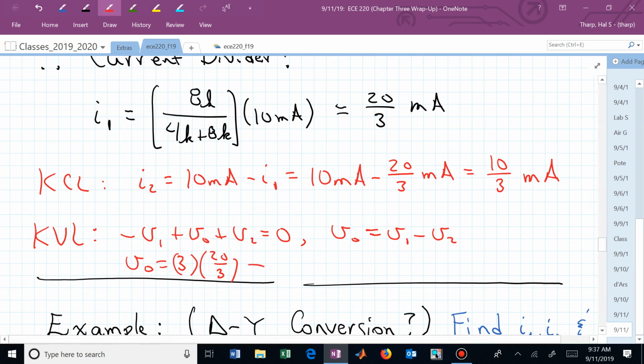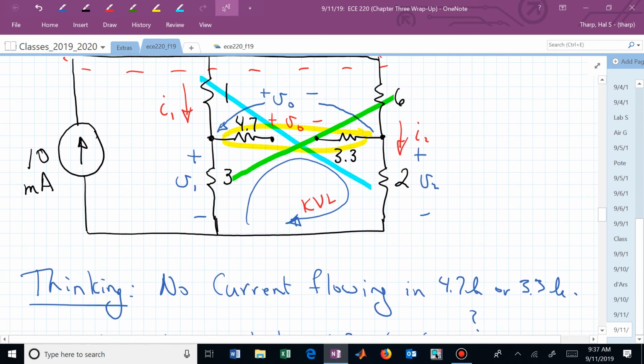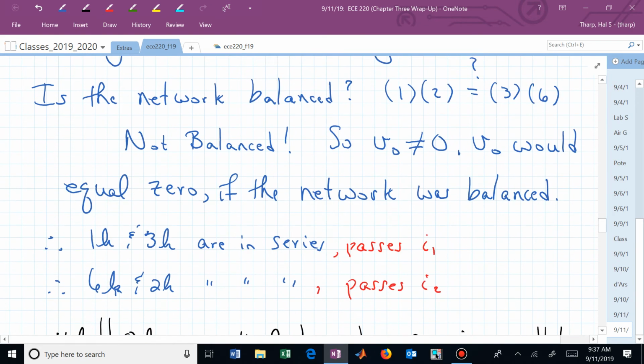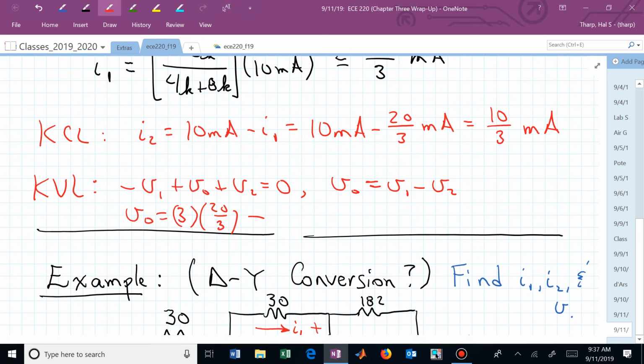That's V1 minus, what's V2? That's 2K times I sub 2, in K and milli. And I sub 2 was 10 over 3.